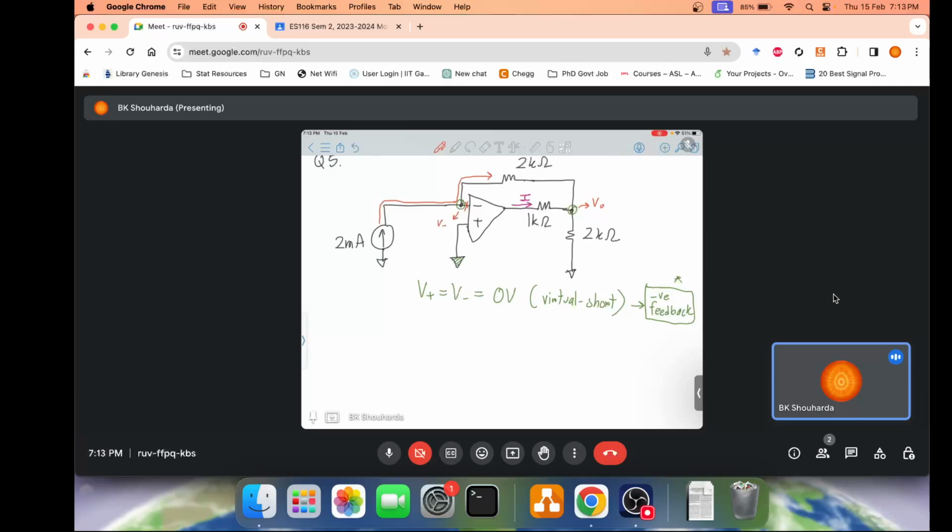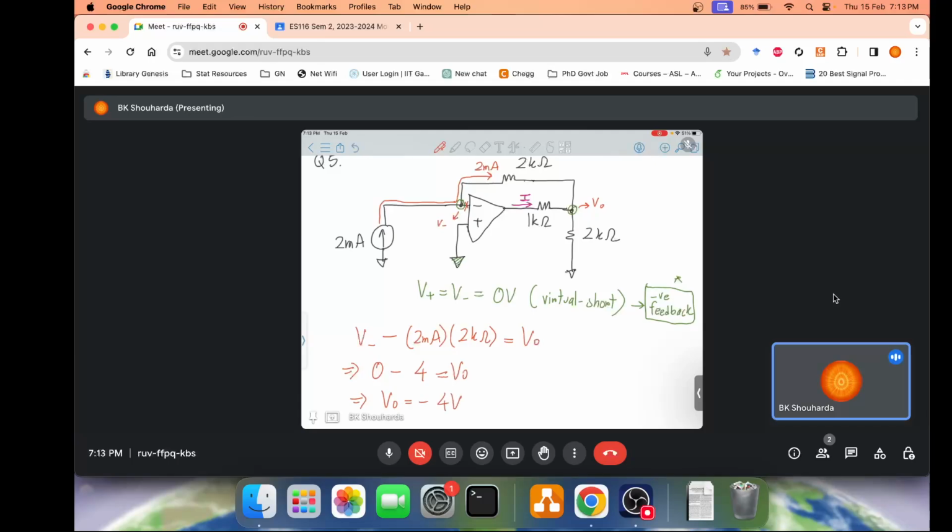The current flowing across this 2 kilo ohm resistor is 2 milliamps. The same current is flowing over here. So you can write V minus minus 2 milliamperes into 2 kilo ohms equals V out. V minus is 0 and this is 4 volts. So our output voltage turns out to be minus 4 volts.